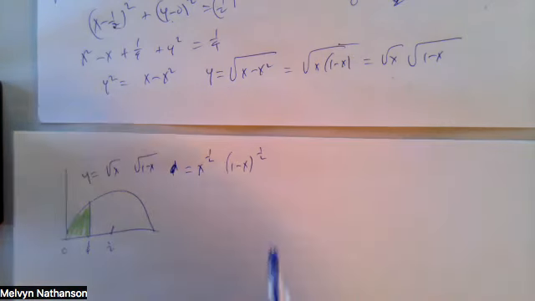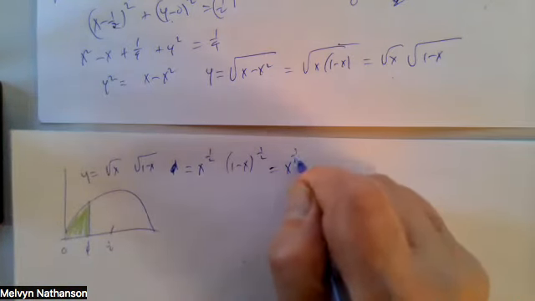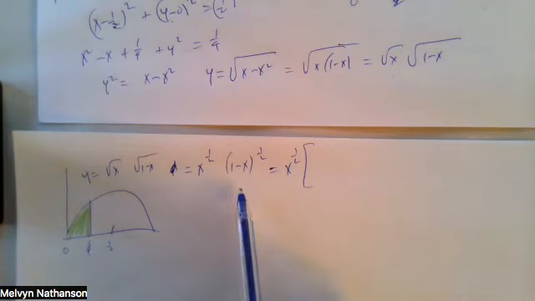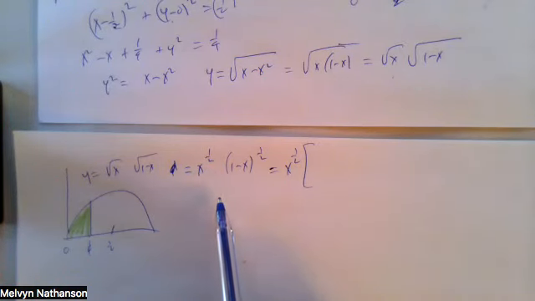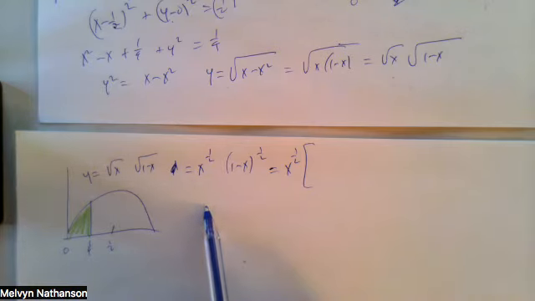But a few minutes ago, I expanded 1 minus x to the 1/2 by Newton's binomial theorem. This is what I got.